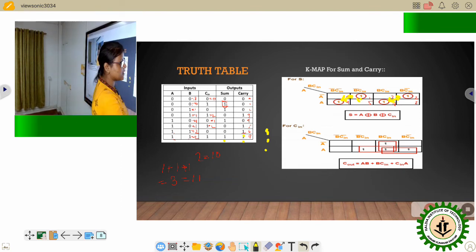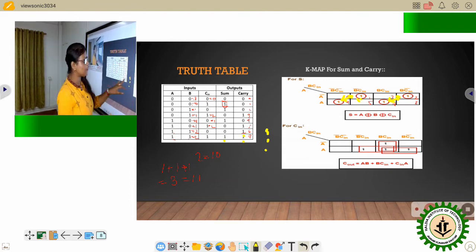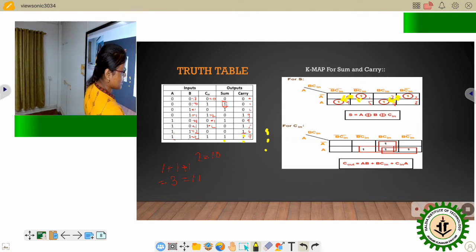Okay. For the carry part, we are putting ones in 3, then 5, next 6 and 7. But in this case, we can unite these ones. After uniting these two, we are getting the answer as A B dash C in.